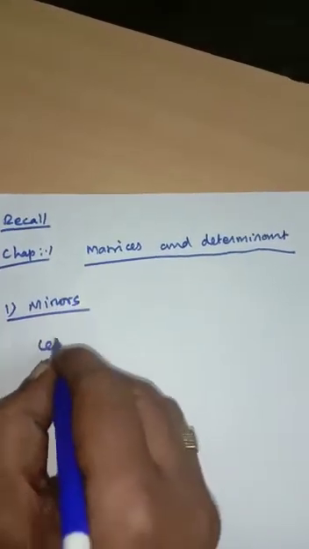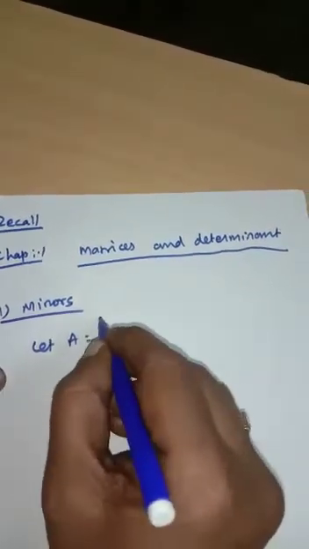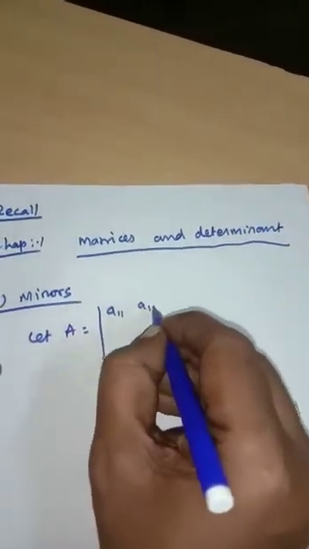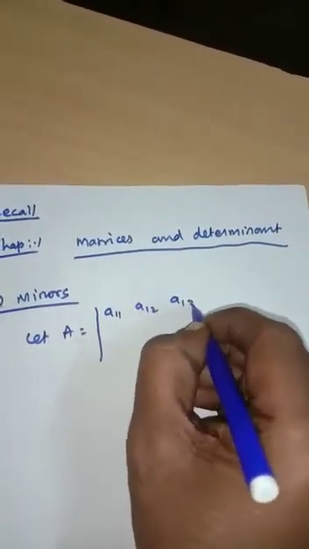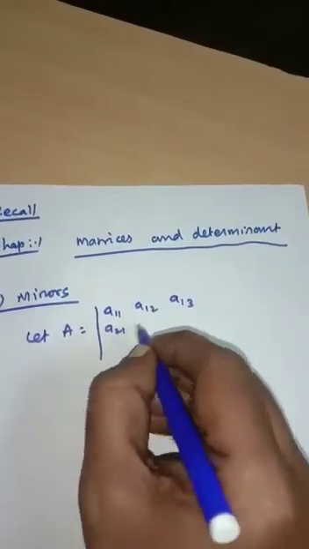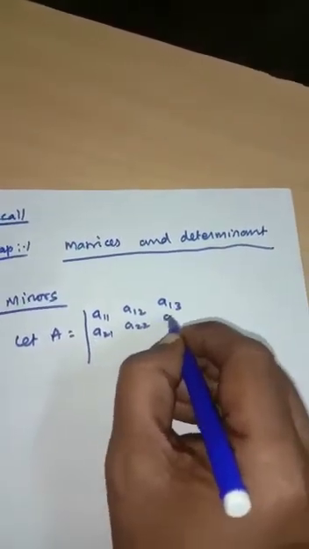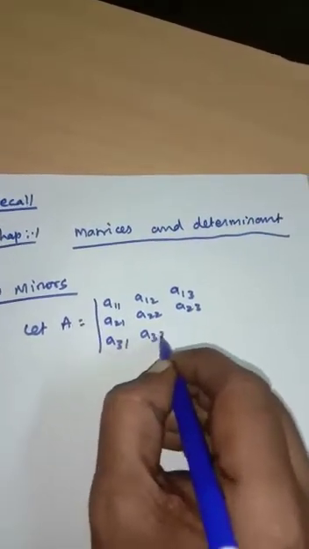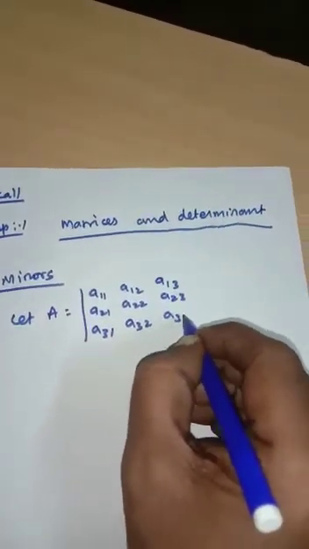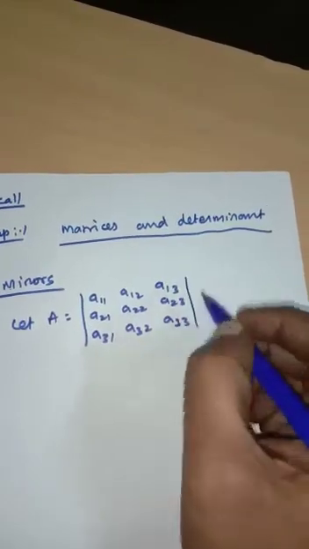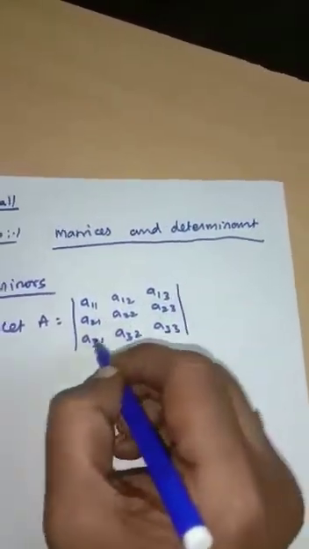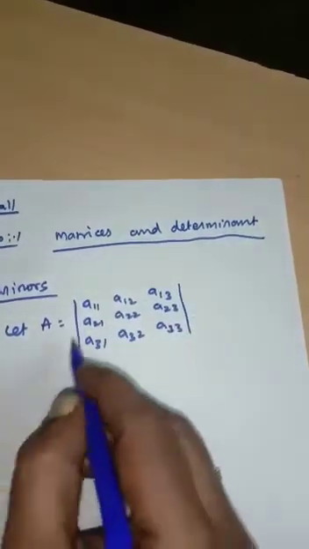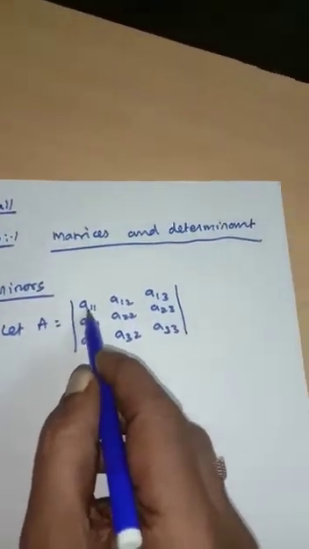Let A be the determinant of A11, A12, A13, A21, A22, A23, A31, A32, A33. First row, second row, third row. First column, second column, third column. We can find every element.